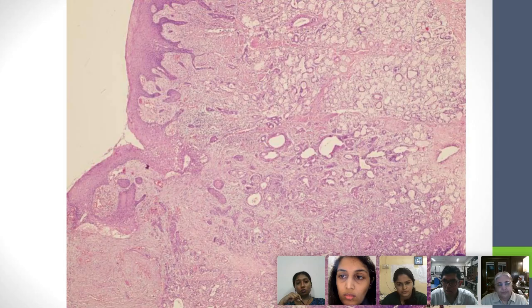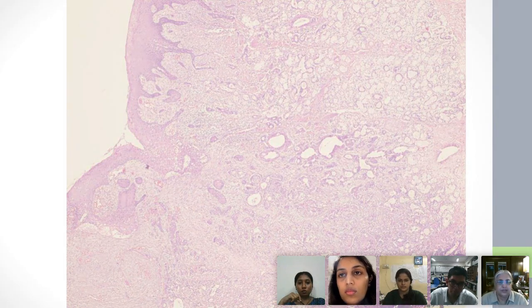Ma'am, I can see spaces that are lined by a single layer of cells. Okay. That's why it's a gland. That's your definition of a gland, Ashish? No, ma'am. Some cystic... So what do you want to call this? What do you want to call these structures?